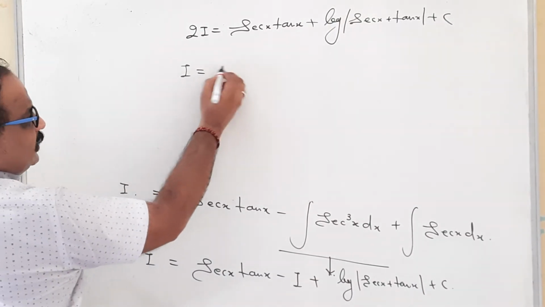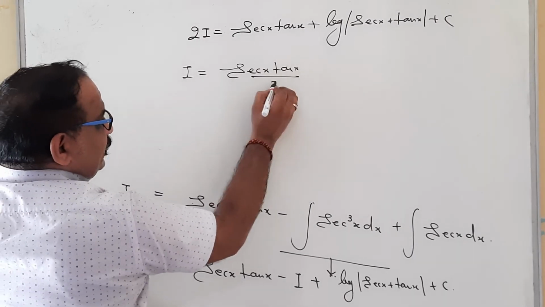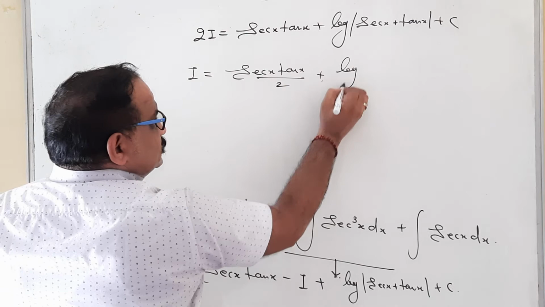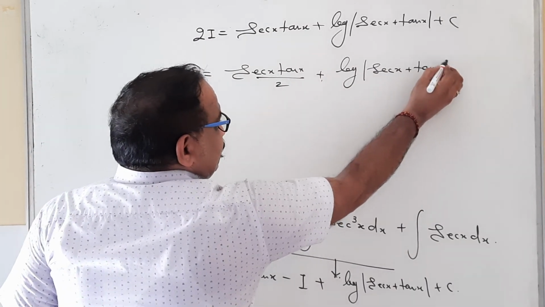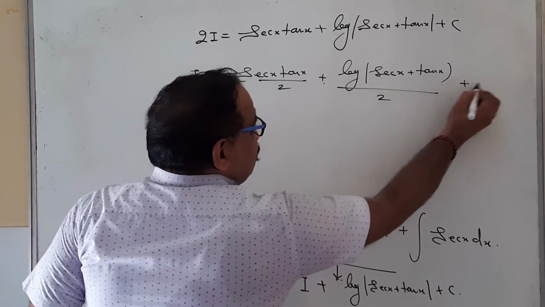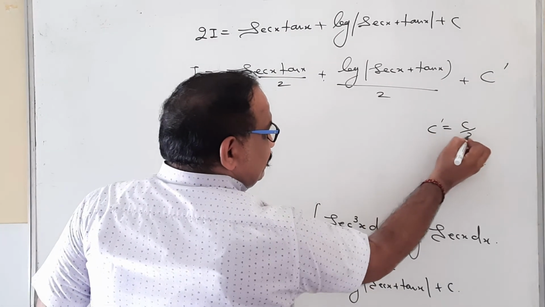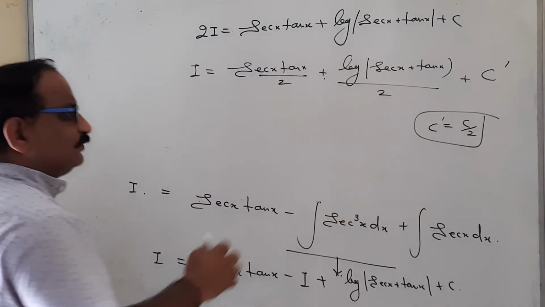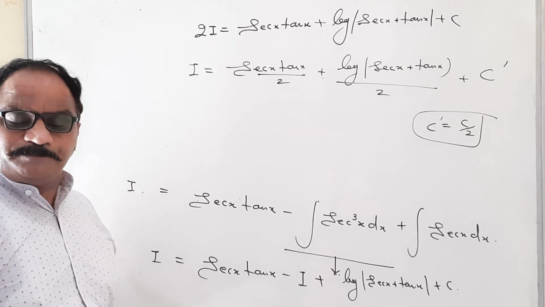Then finally I comes to us as sec x tan x by 2 plus log of sec x plus tan x again by 2, plus some other constant C dash. What is C dash? C dash is C by 2, since it was a constant of integration, so in place of that we are able to write that.